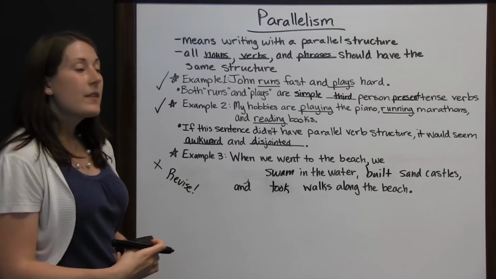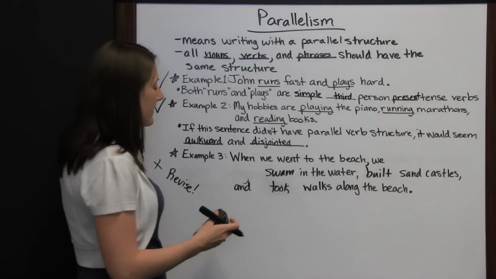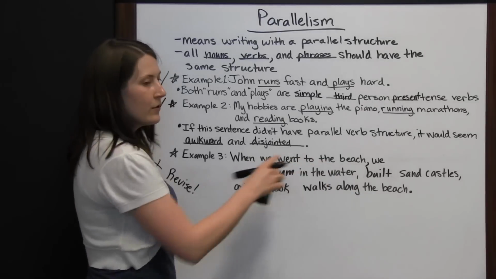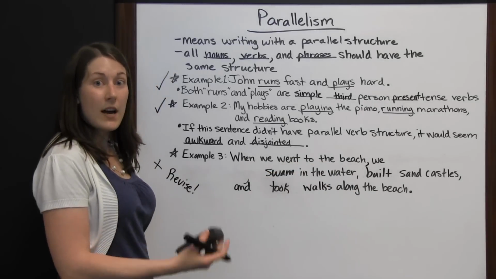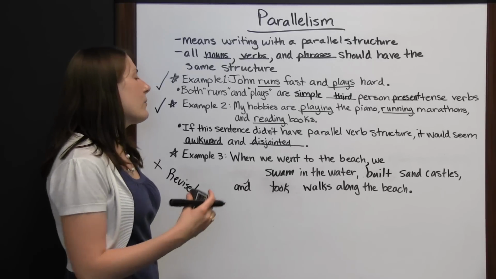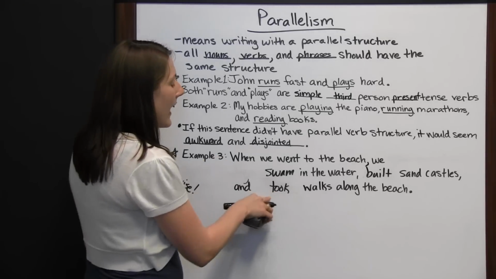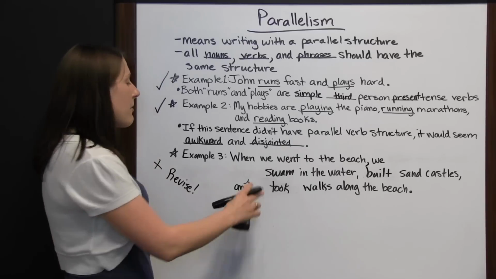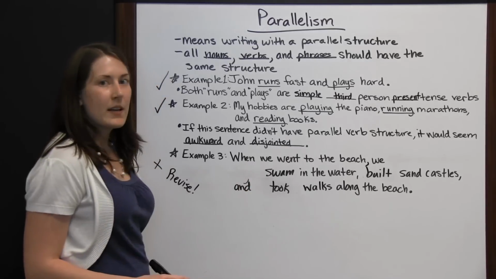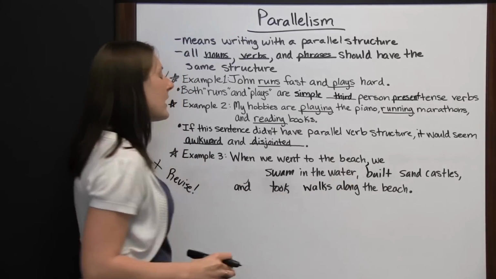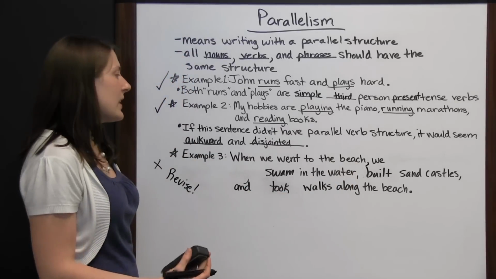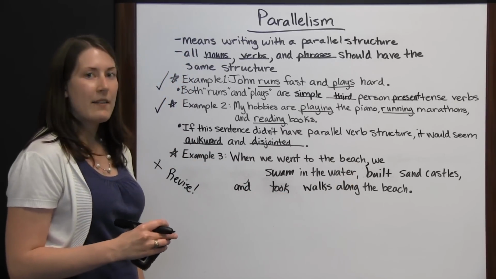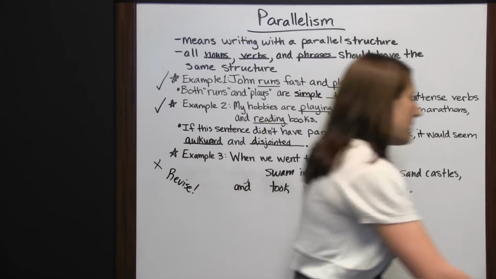So in this one, instead of leaving the first two in the present tense with ing suffix, we changed them all to match that last verb, which was past tense. But we took out having we here because we already had we at the beginning. We didn't need to keep repeating we. We could just make the phrases go after it and have parallel structure so that they made sense.